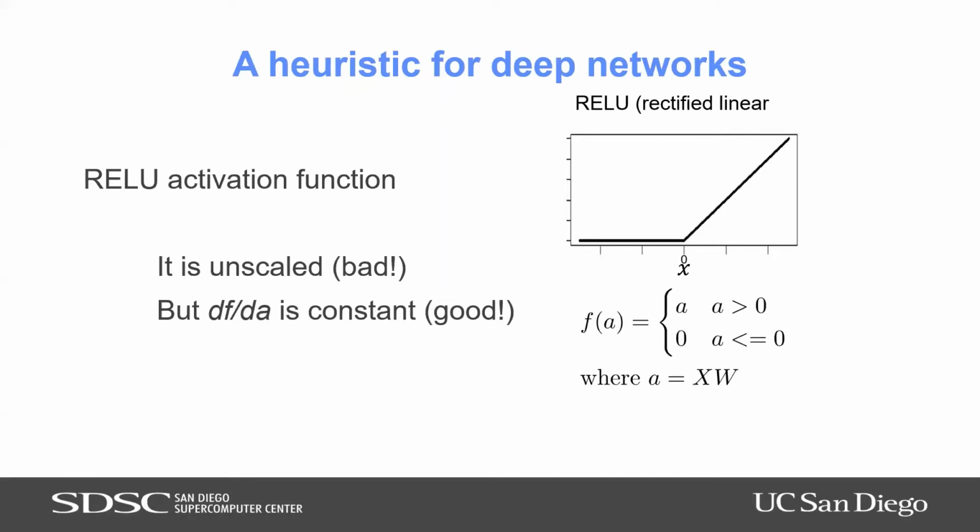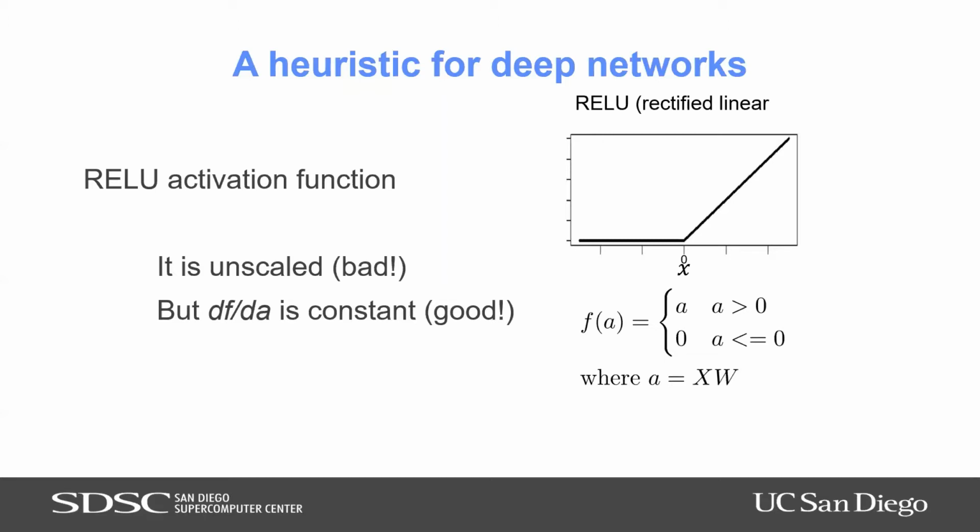So as long as you have some ways to deal with the potential unscaling issue, then this turns out to be a really good function to use because the derivative is so easy. One thing people do, and we'll look at this when we do the convolution networks, is look at the activations and either normalize them or summarize them with a maximization operation.